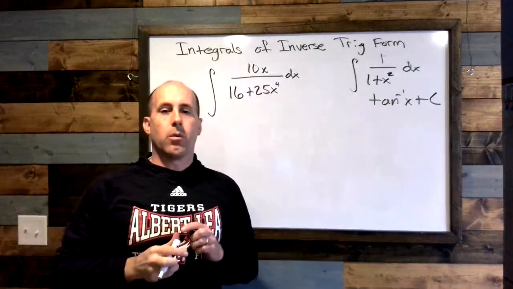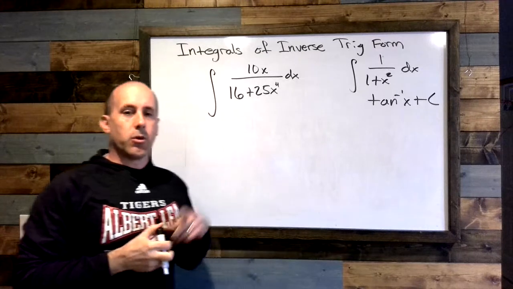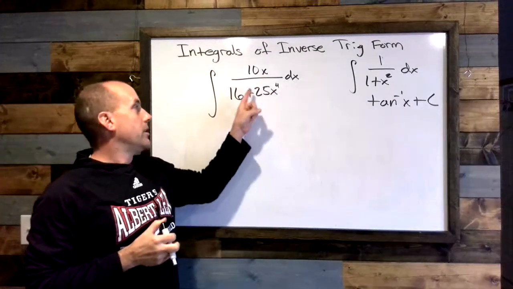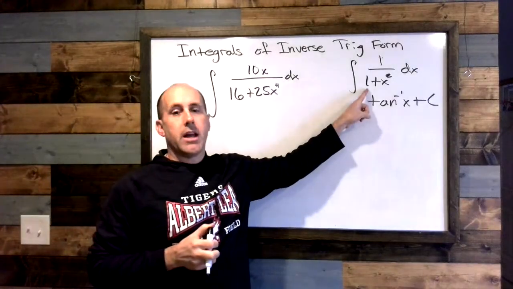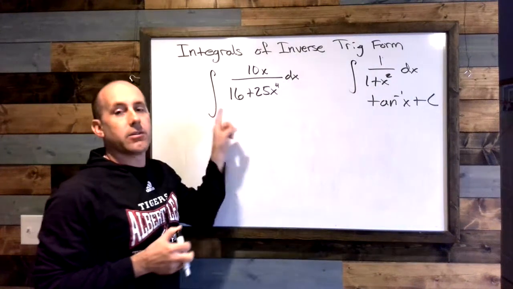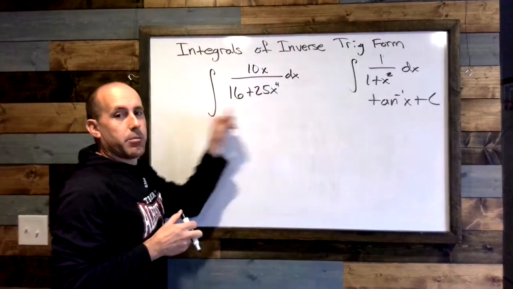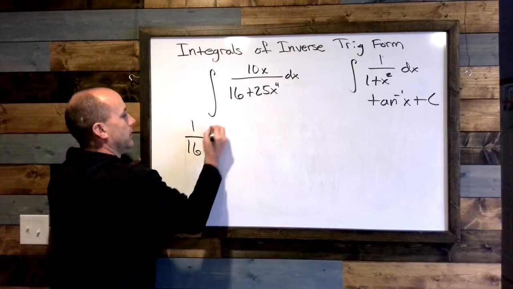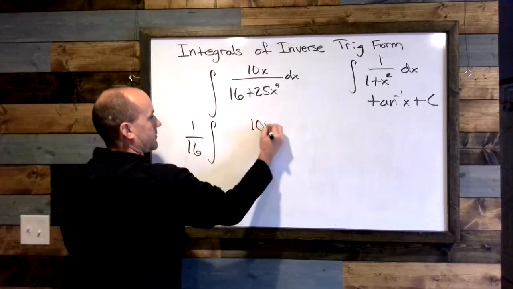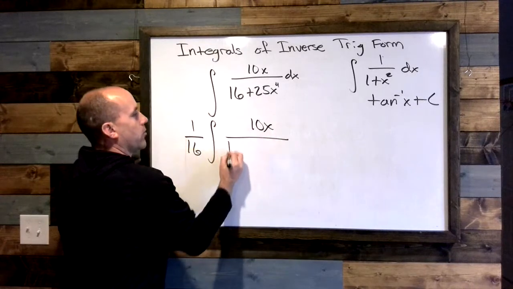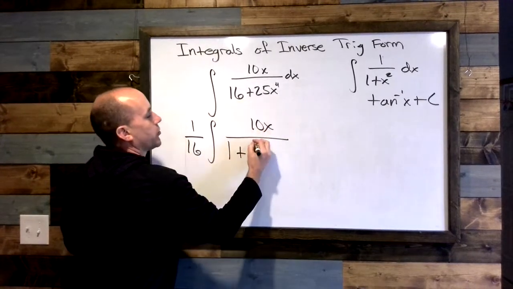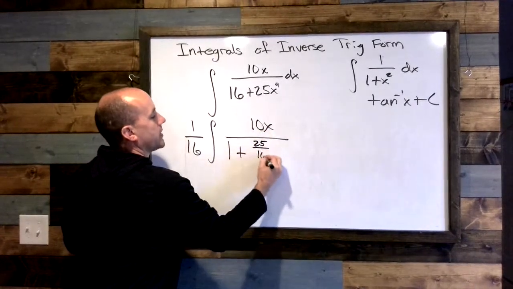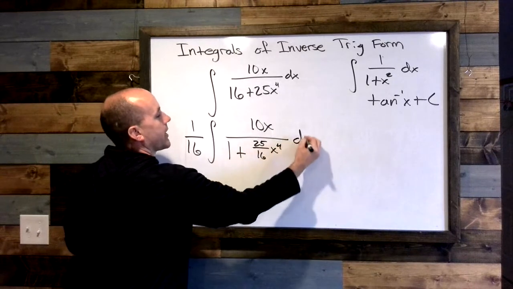That's what we're looking for. Notice in this work right here that you want to create a 1. If you'd like to create a 1, factor out 16. I'm going to put the 1/16 out front here. I'm left with a 1, and then I'll be left with 25 over 16 x to the 4th dx.